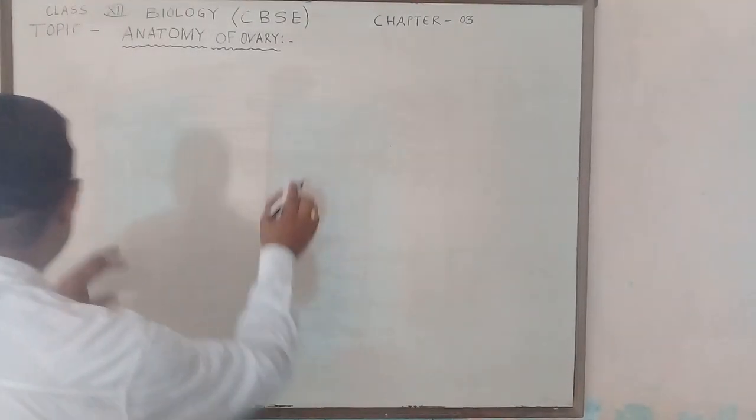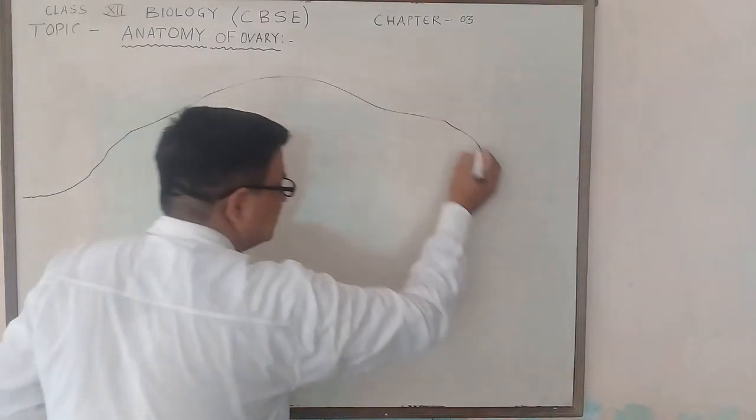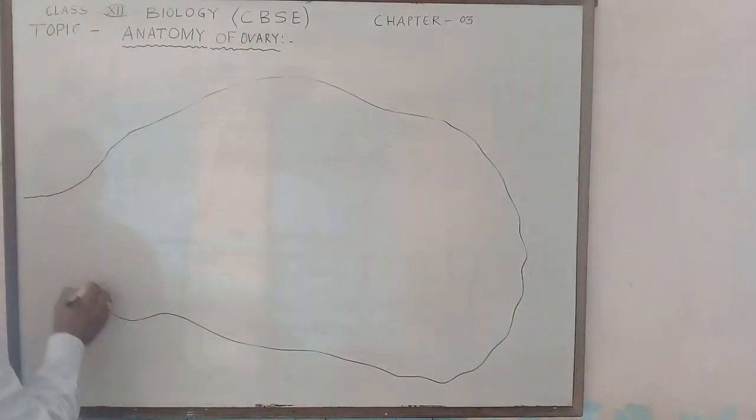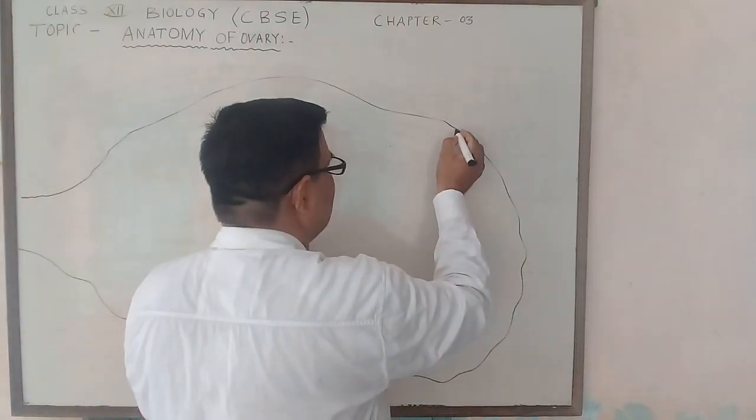The ovary generally has an outermost layer which is called the germinal epithelium.